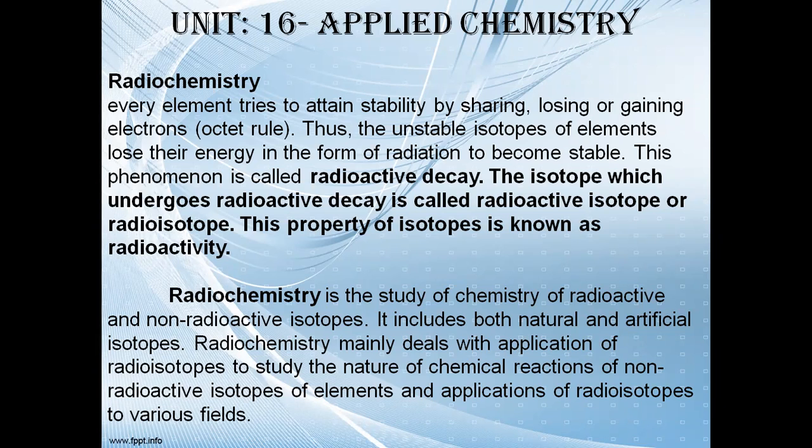Already we know there are two types: natural and artificial isotopes. Natural means it is found in nature, and artificial means it is made by mankind. Mostly, radiochemistry deals with the applications of radioisotopes. Applications means uses of radioisotopes.